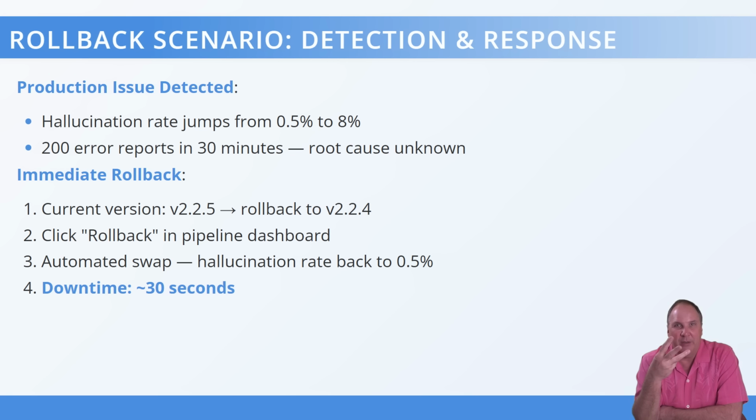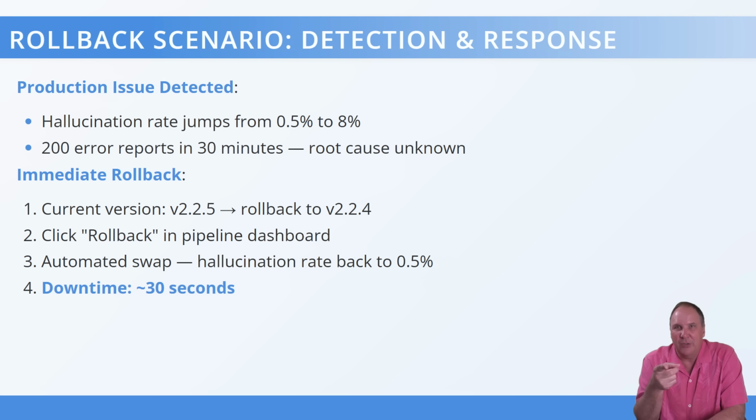Here's real-world scenario number 3, the rollback scenario. An agent you deployed yesterday is hallucinating answers to 8% of queries. The normal is like 0.05%. Something about the deployed version is broken, but you're not sure what. With ALM and versioning, here's what happens.